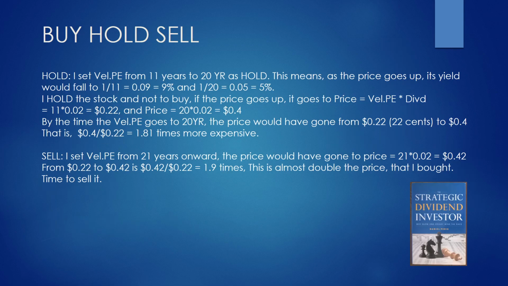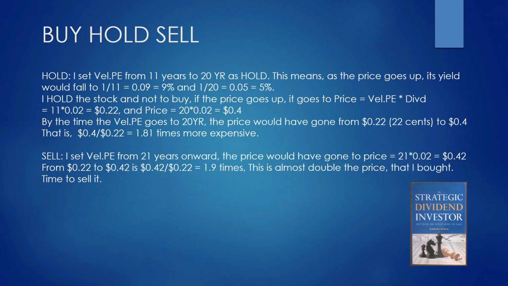I set velocity PE from 11 years to 20 years as hold. This means as the price goes up, its yield would fall to 1 over 11 equal to 0.09 equal to 9%, and 1 over 20 equal to 0.05 equal to 5%. I hold the stock and not to buy.